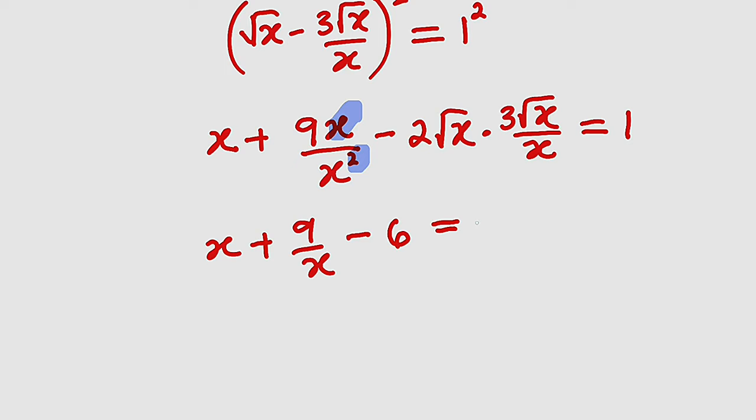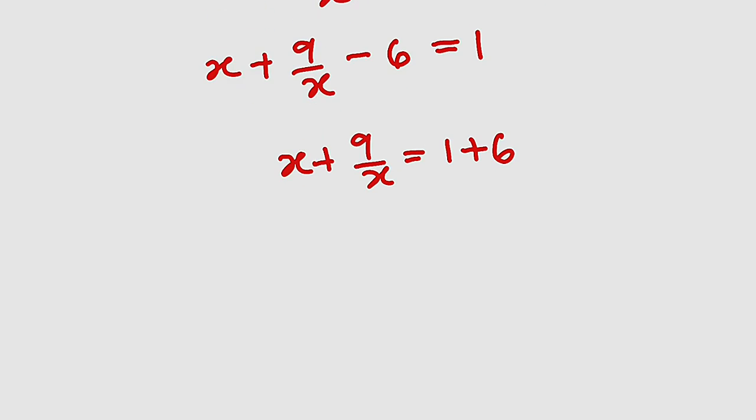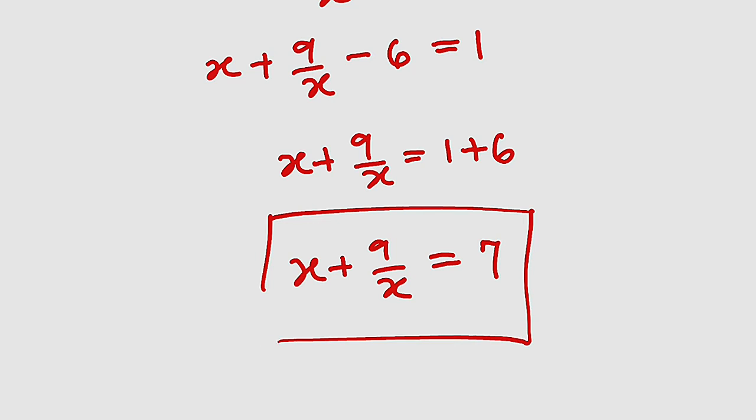To the other side, we have 1. If you take this to the other side, it becomes positive. We have x plus 9 divided by x equal to 1 plus 6. And finally, x plus 9 divided by x that we are looking for is nothing but 7. Final answer.